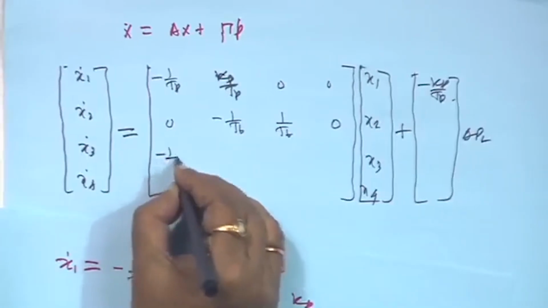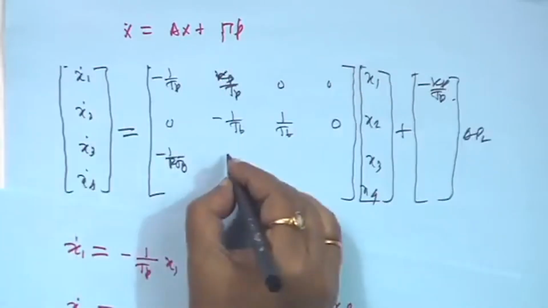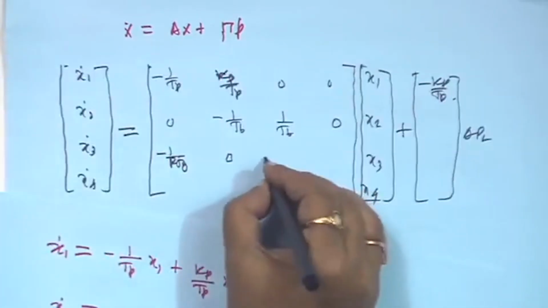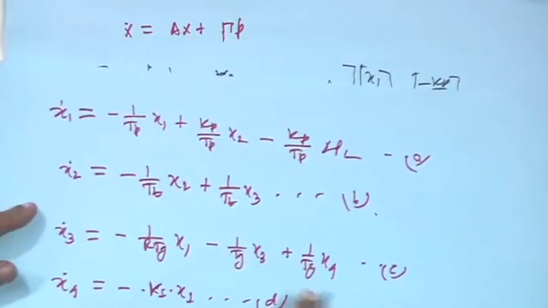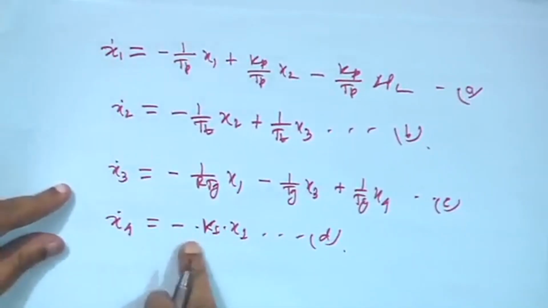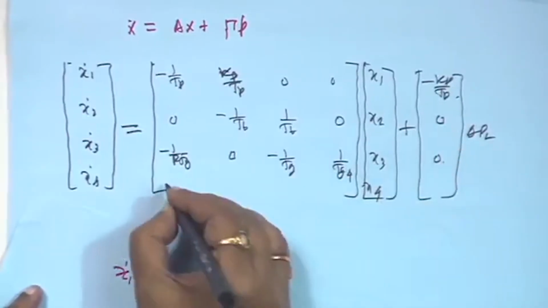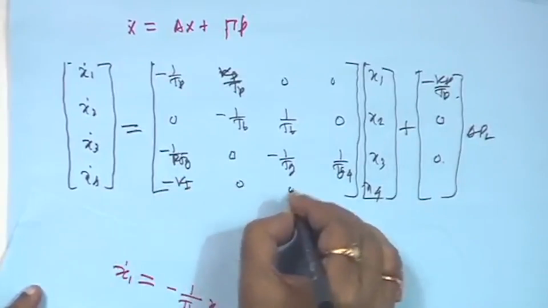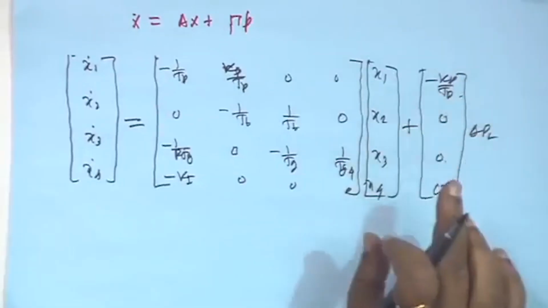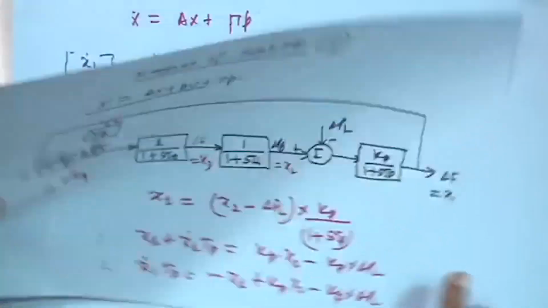So, it is minus 1 upon R Tg x1, 0, minus 1 upon Tg, that is the third term, and the fourth term is 1 upon Tg x4. In the fourth equation only the first term is there, minus Ki, and all others are 0. That means, for this system, if you take an integral controller, these are the state variable equations.